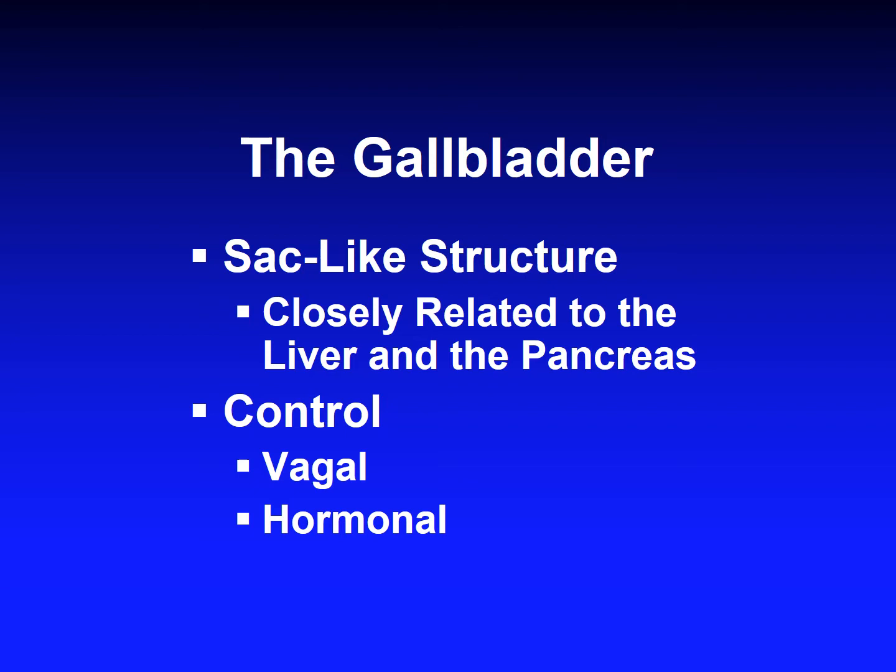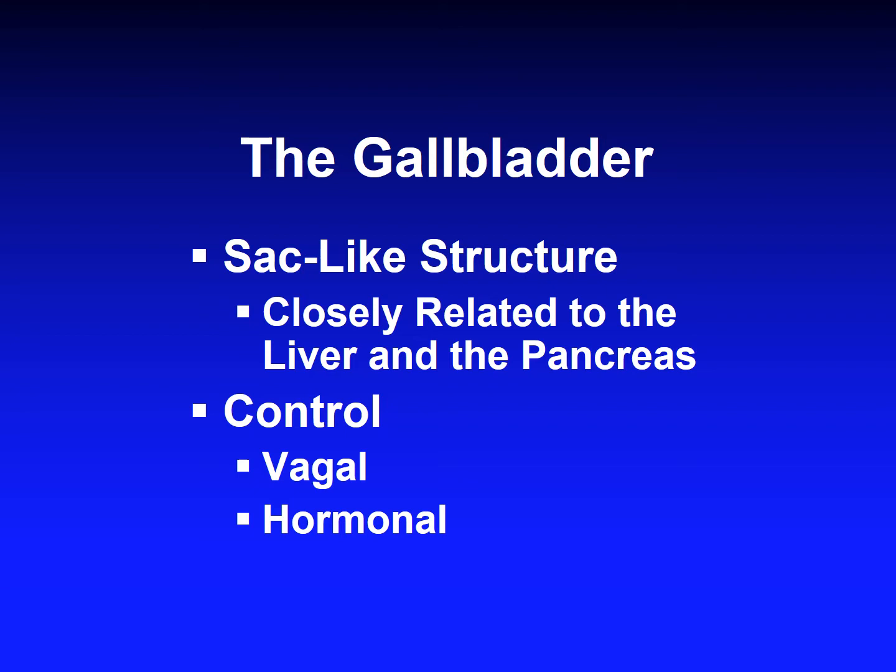Now, in addition to the hormonal control by CCK on the gallbladder, there's also vagal control on the gallbladder. So basically, if we cut the vagus nerve, we will be inhibiting the contractions of the gallbladder.